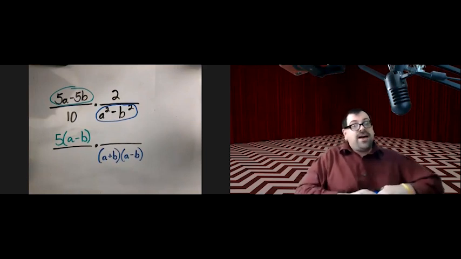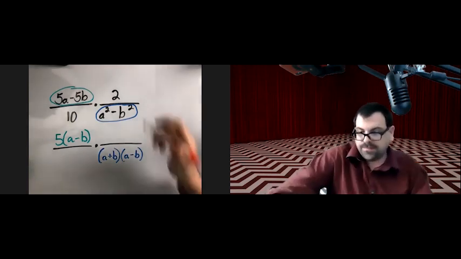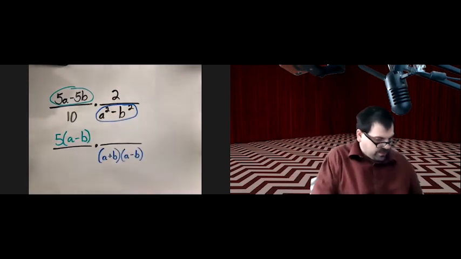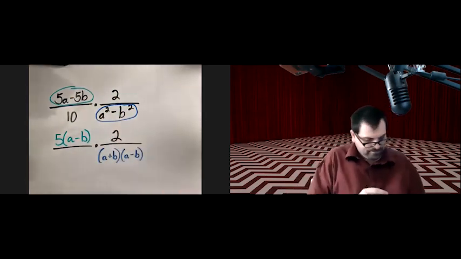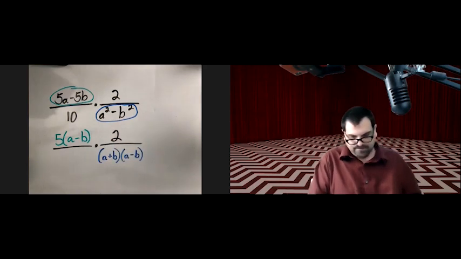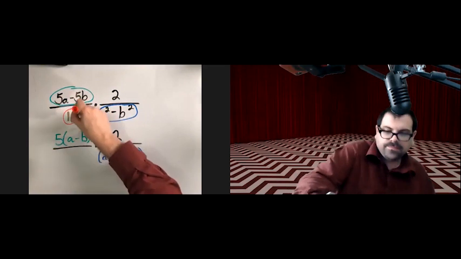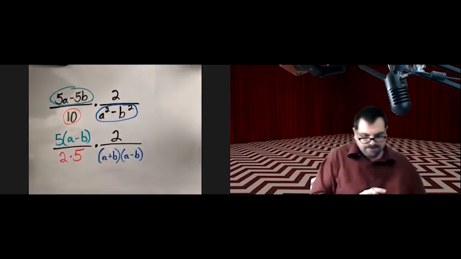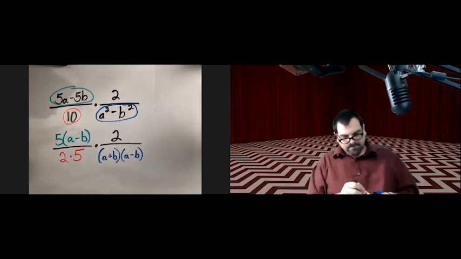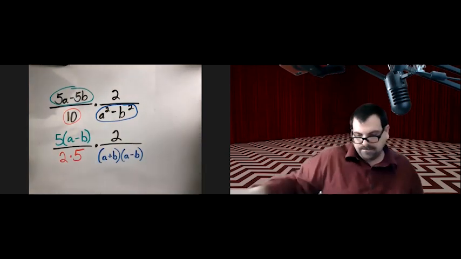We're doing prime factorizations if we just have numbers. 2, well, 2's already prime. 10 is 2 times 5. I've factored everything.